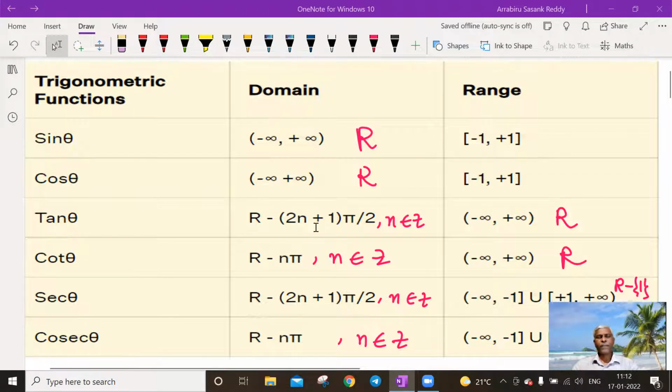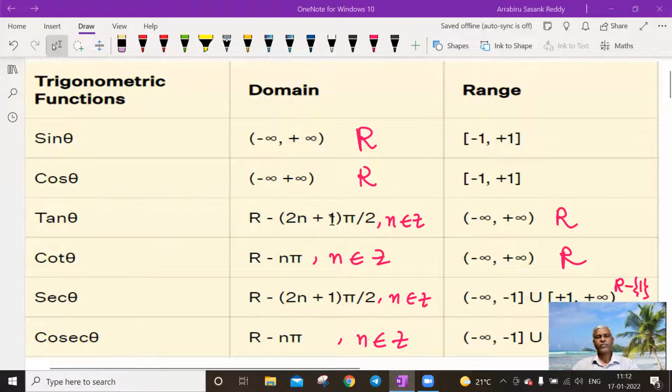And also 3 into 90 degrees, that is 270 degrees, tan is not defined. And 5 into 90, also not defined. In that way, 2n plus 1 is an odd number. If you take n equal to 0, it becomes 1. N equal to 1, it becomes 3.